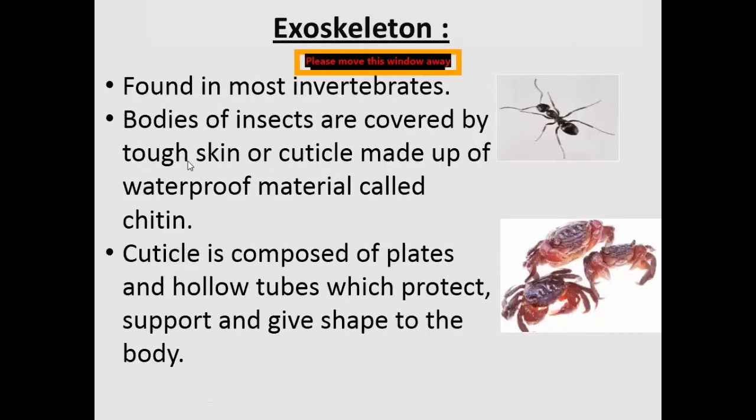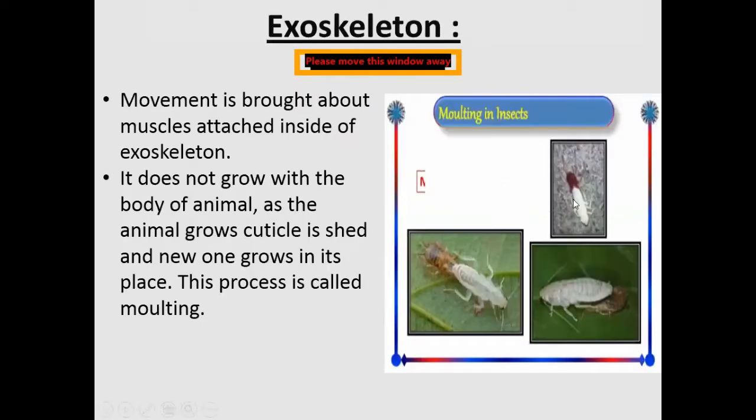Now look at the diagram of this insect. Here you can see clearly the animal is shedding its cuticle. It is removing its previous skeleton, or cuticle. Its previous cuticle is shed off, and its place is taken by a new one.